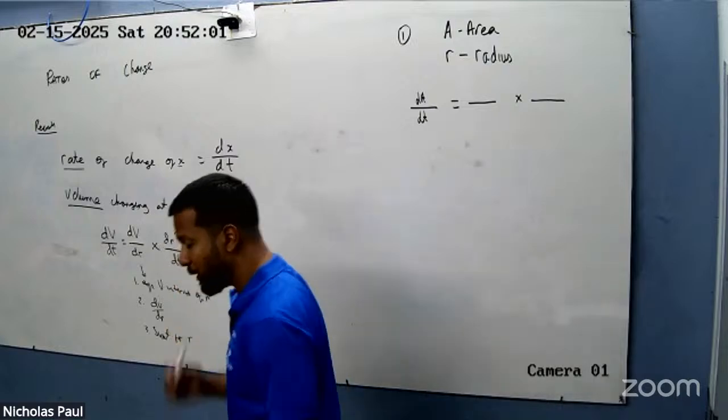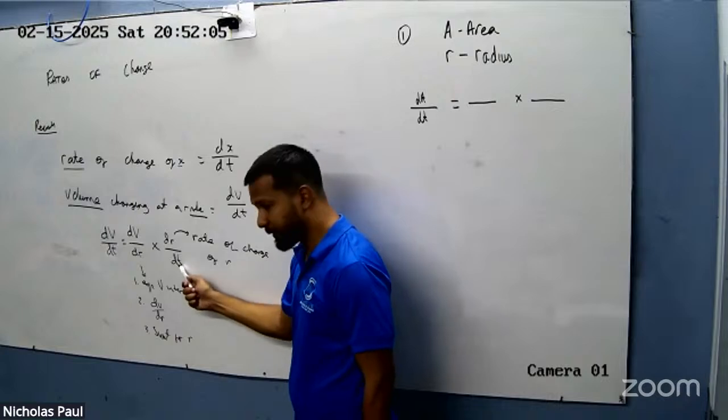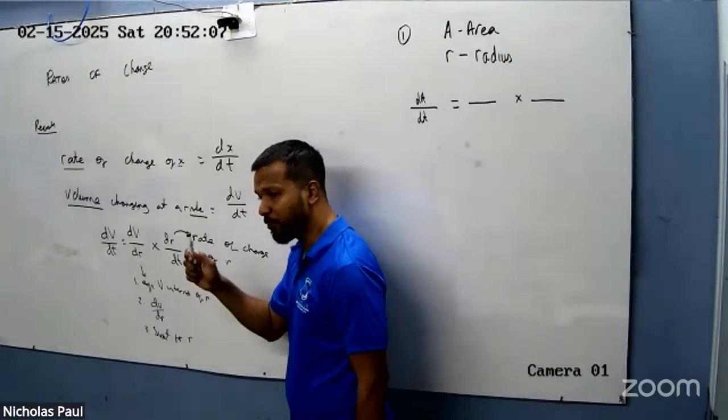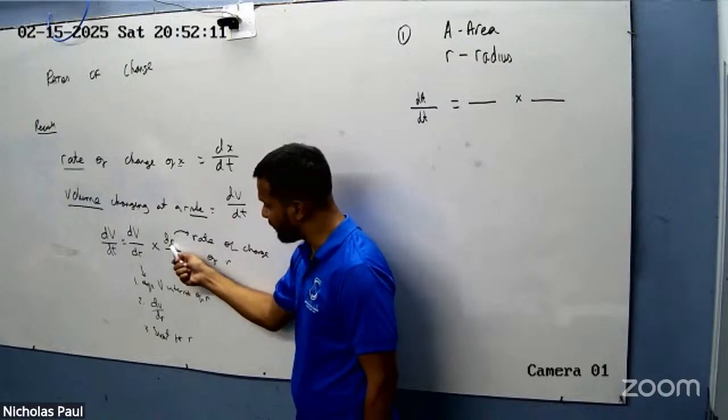So what they said: rate of increase of area, rate of increase of radius.